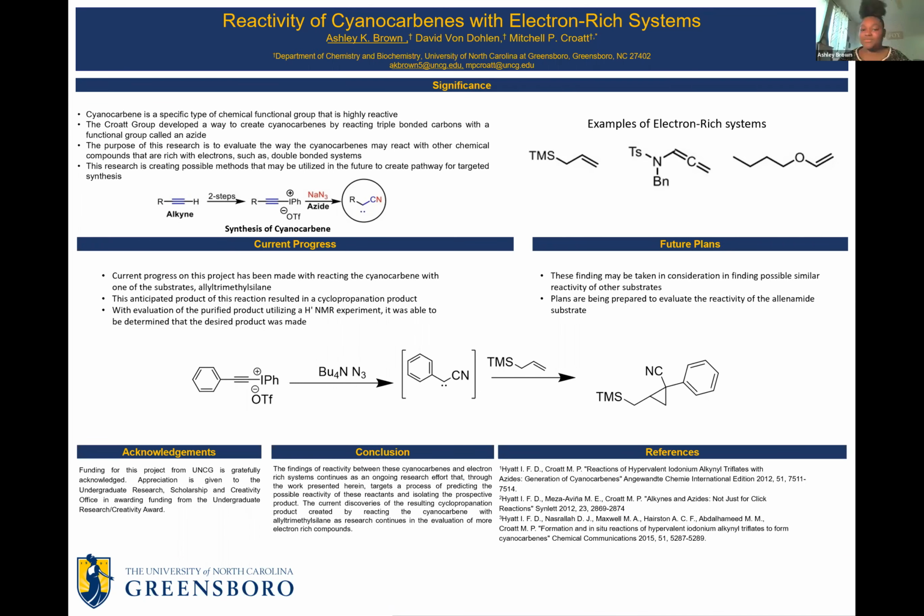So in conclusion, the study of reactivity between these cyanocarbenes and electron-rich systems continues as an ongoing research effort.